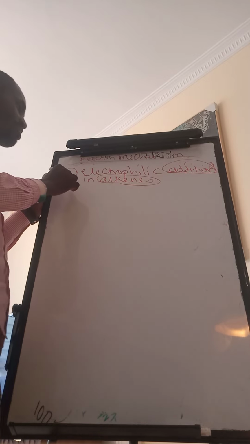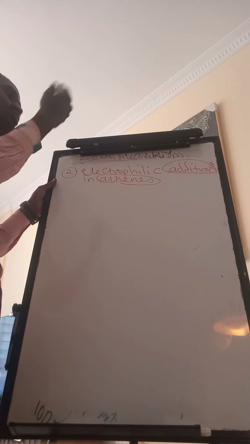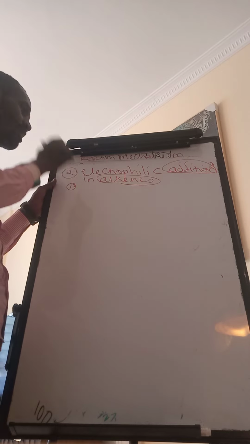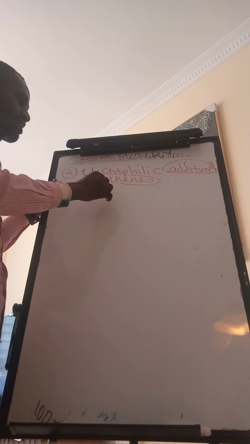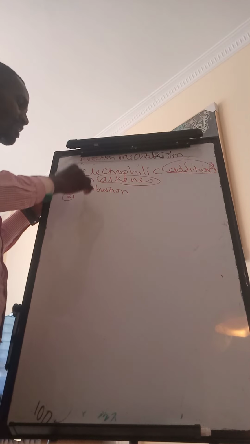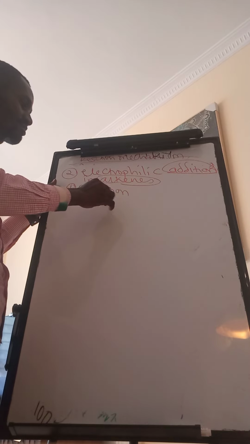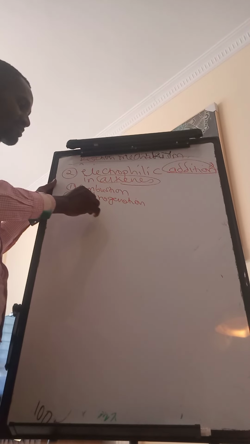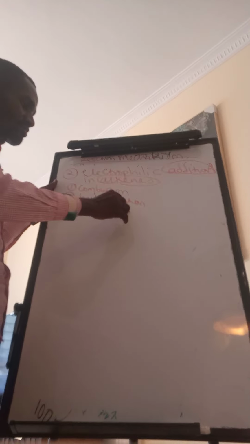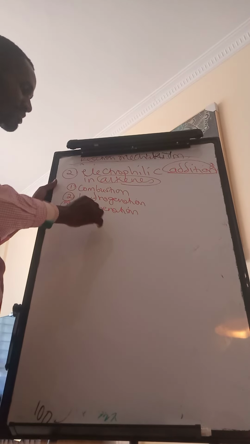For example, we mentioned some of the reactions involving alkenes. One, we can talk about combustion. Number two, hydrogenation. You can mention halogenation.